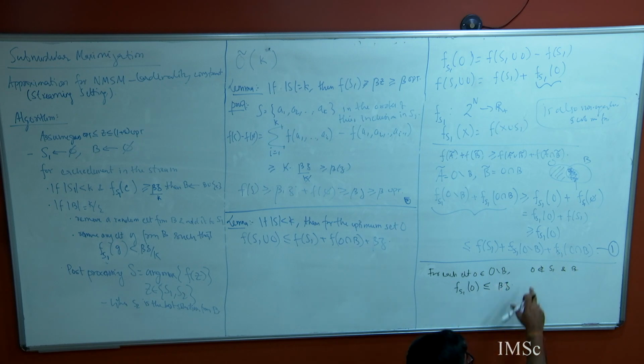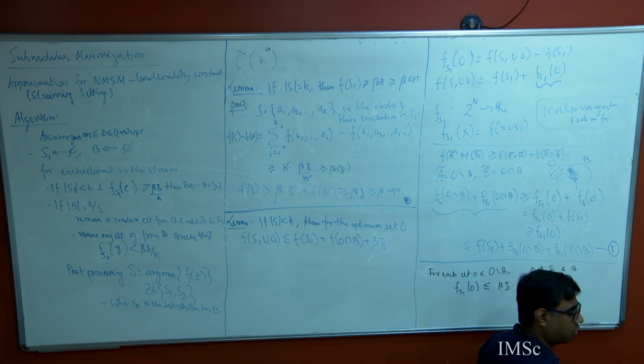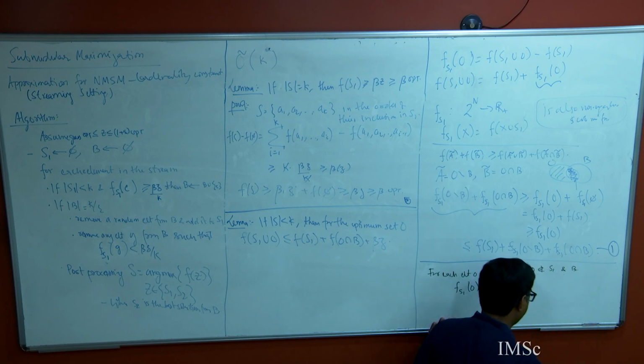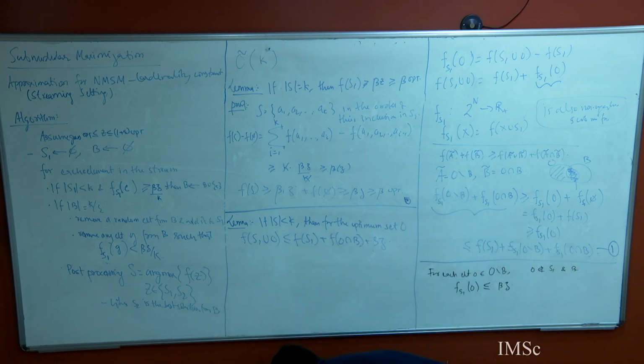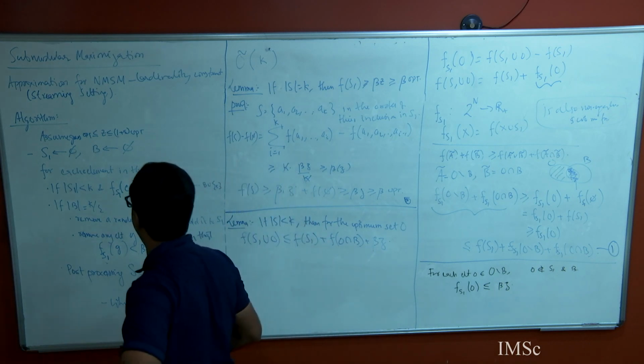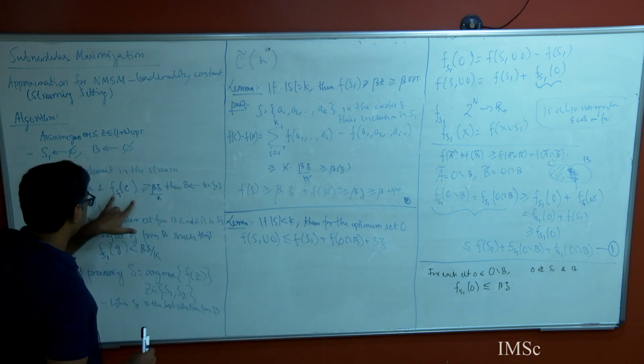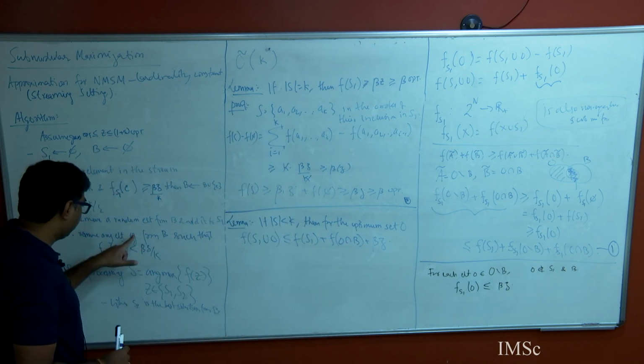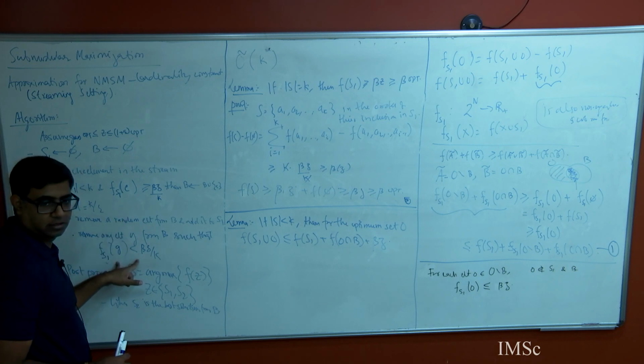When we are going to consider O, look at the time when we are considering O. Why does O not belong to B currently? Either when you were taking O here, this failed, or after adding an element this failed.